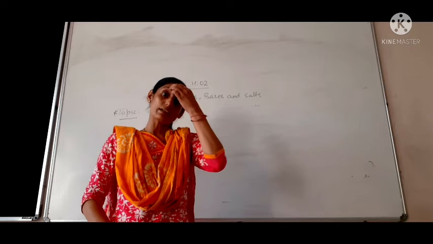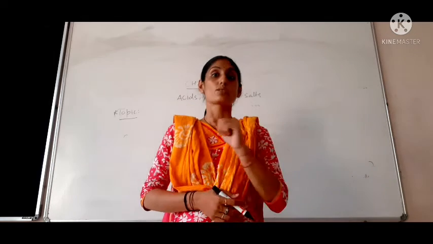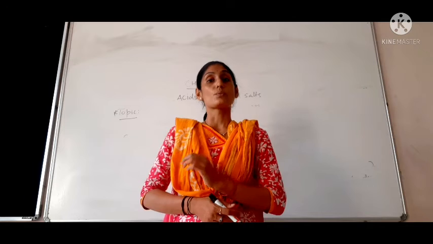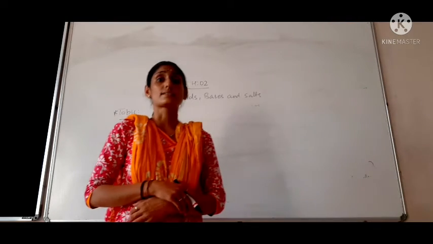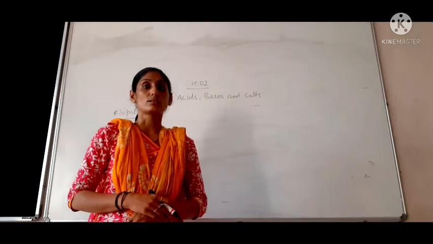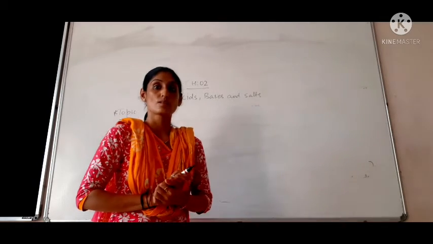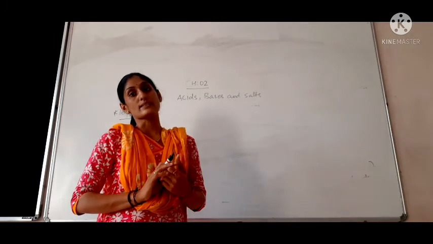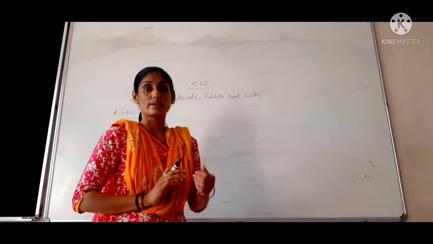They are soluble in water, and they are producing either H plus ion or OH minus ion. So the very next activity is: acids, whenever they dissolve in water, do they produce H plus ion or not? What happens when acid or base are dissolved in water, and are they able to conduct electricity?